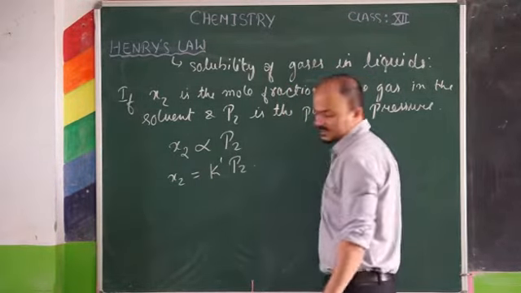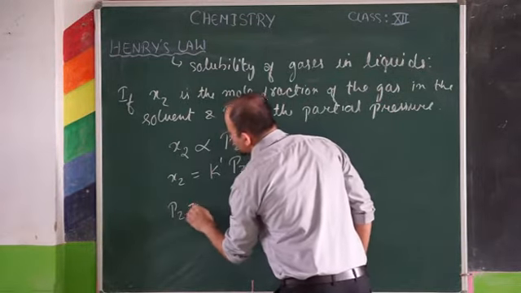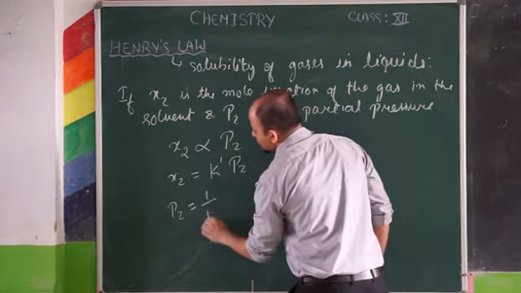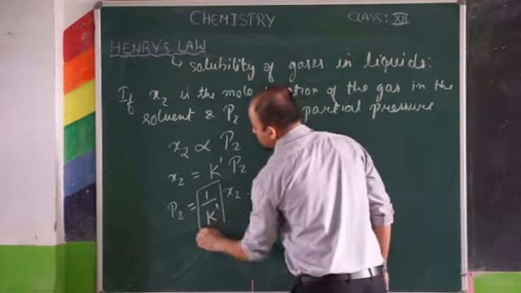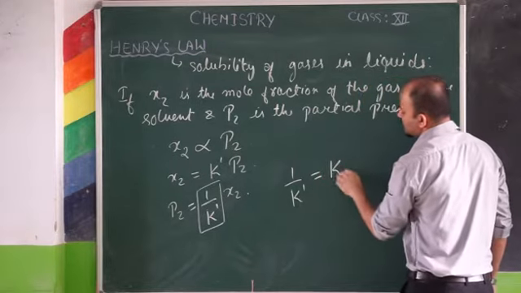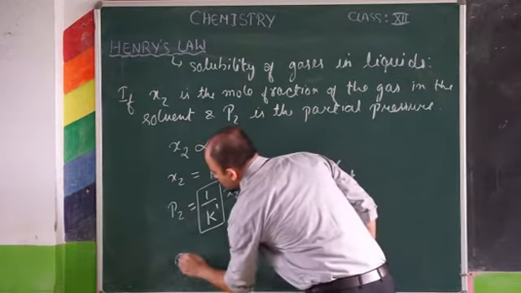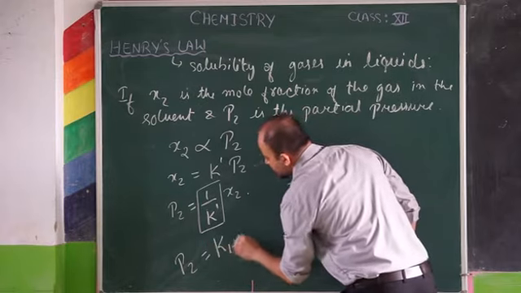Now if you want to make P2 the subject, then P2 will be equal to 1 by K' times X2. Now this 1 by K' is substituted with KH. So P2 will be equal to KH times X2.